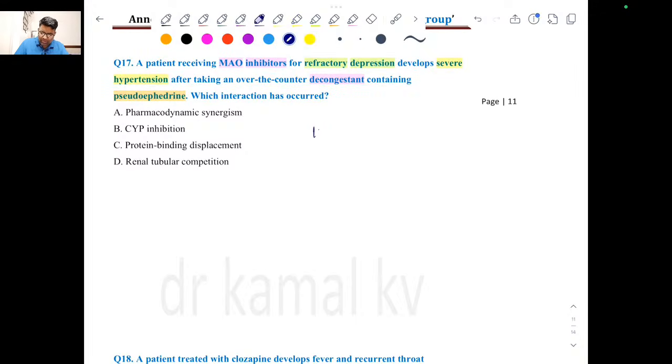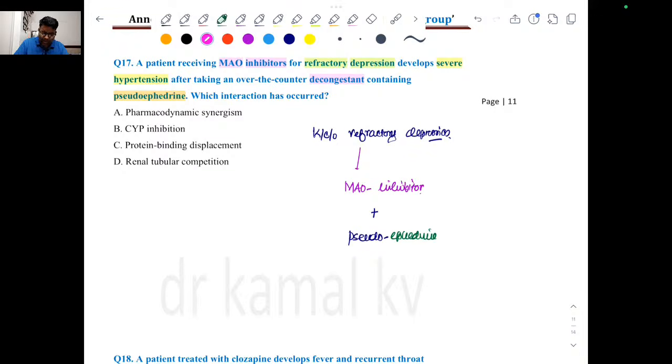A known case of refractory depression is being given an MAO inhibitor. Now he took pseudoephedrine, and as a result there is severe hypertension. Now what is the reason why it is happening?